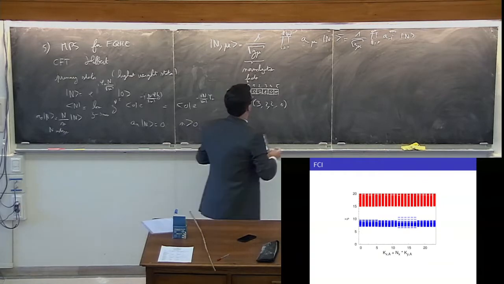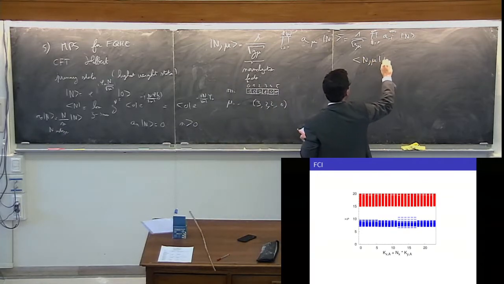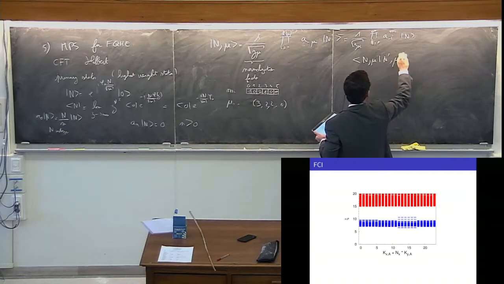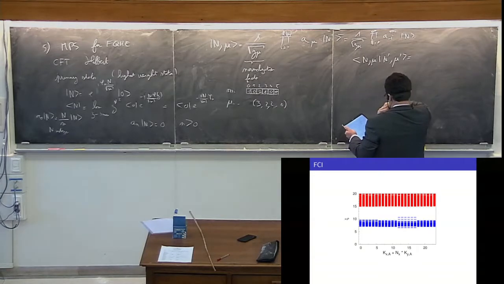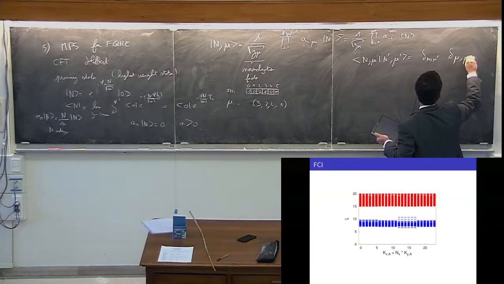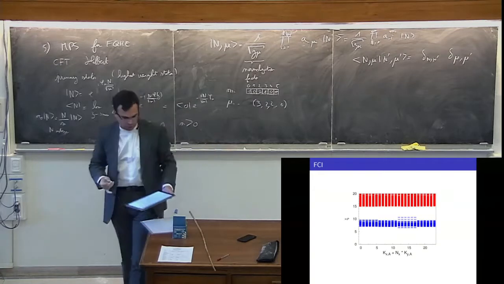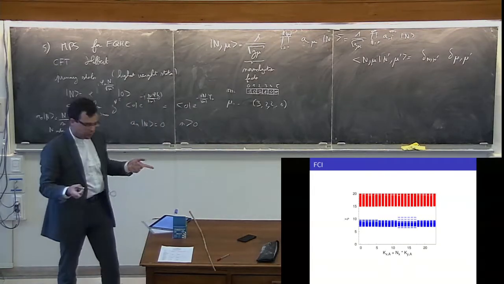Right, so the normalization factor, you set it such that n mu, n prime, mu prime is equal to delta n prime, delta mu prime. So you should get exactly the same partition; if you don't take the same partition, you have orthogonal states.